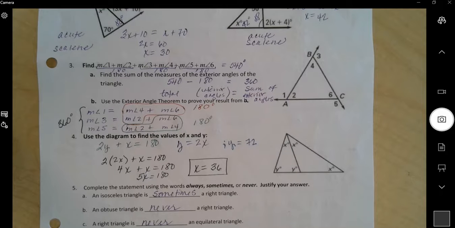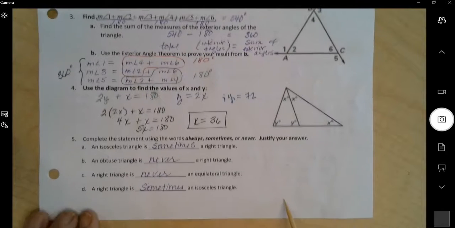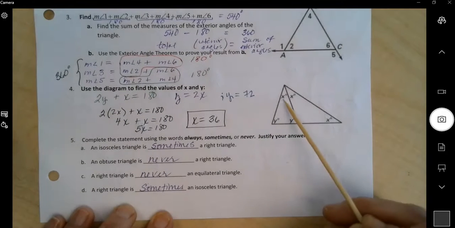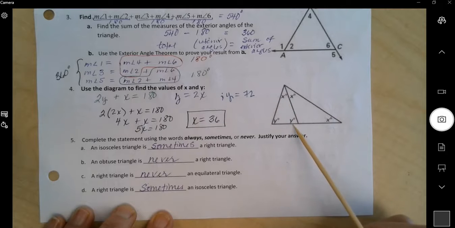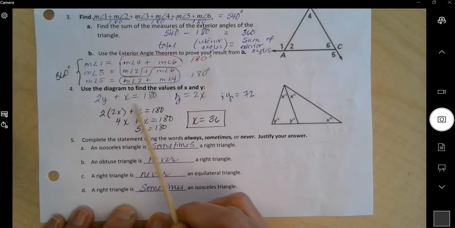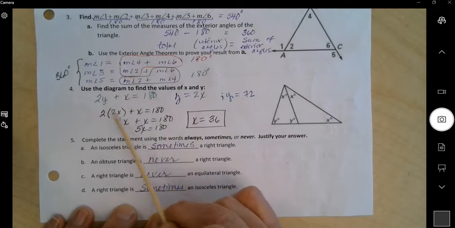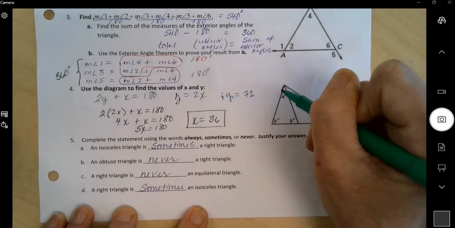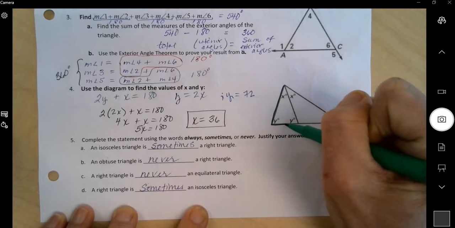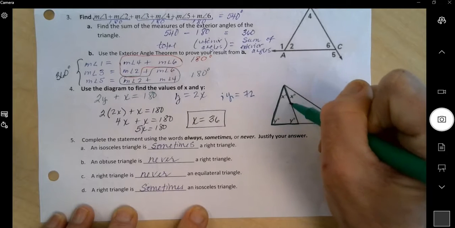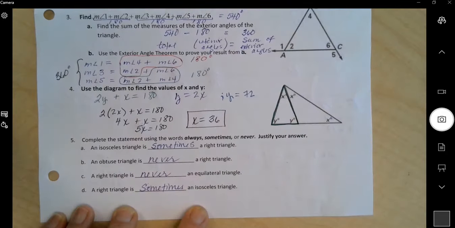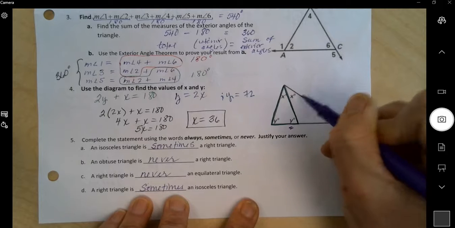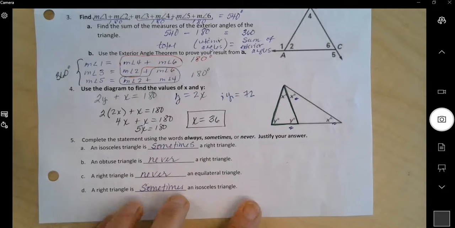All right. So for this one, you were asked to write equations for x and y. I know that x plus 2y is equal to 180. So this green equation comes from this green triangle here. Then I know that this purple equation comes from this y and these two x's.